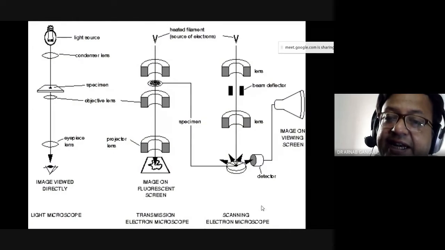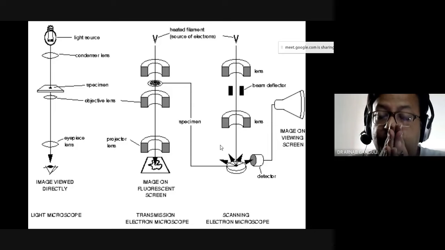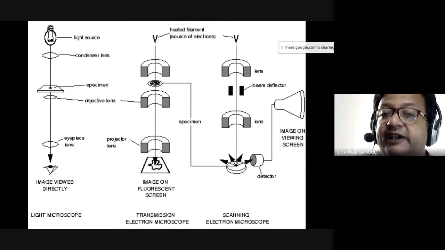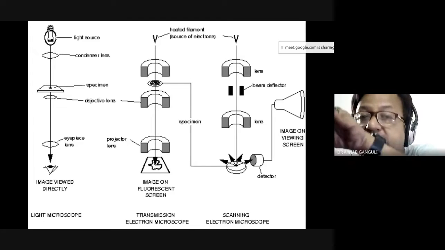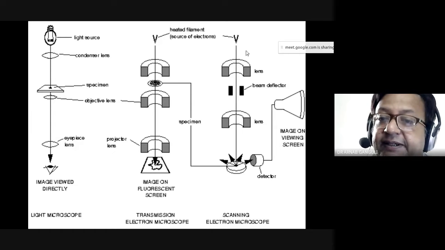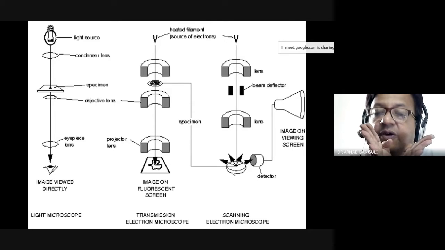The transmission electron microscope has great power. It resolves two objects very well. But if you want to know the surface features, how rough the surface is, the scanning electron microscope is better. So you have this beam deflected and it falls on the specimen. And then what happens?